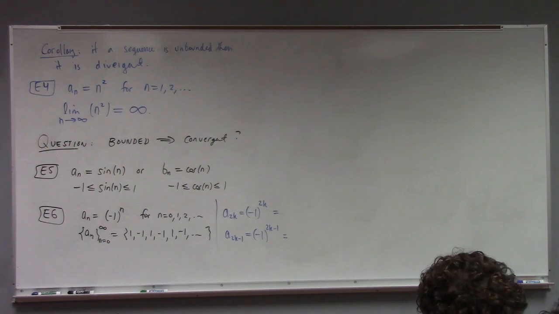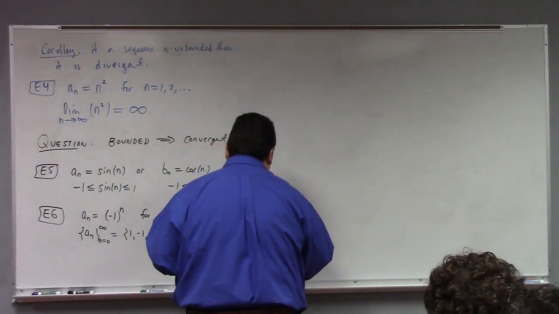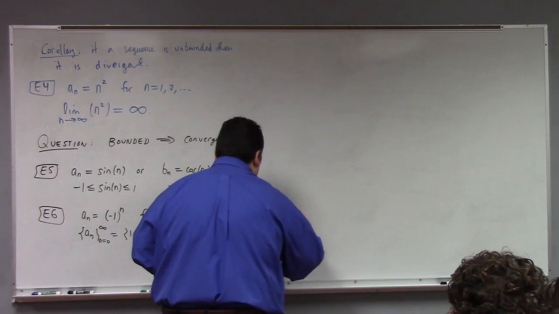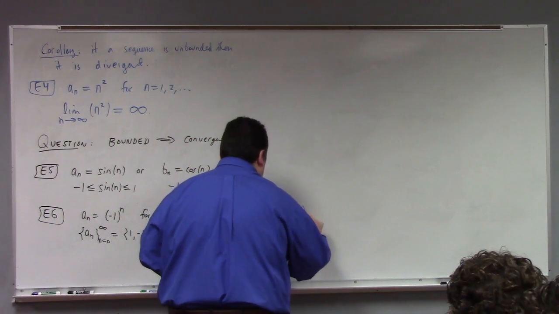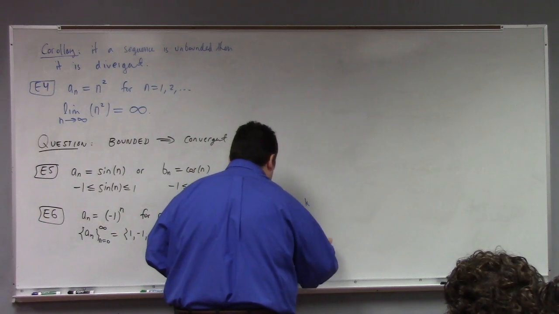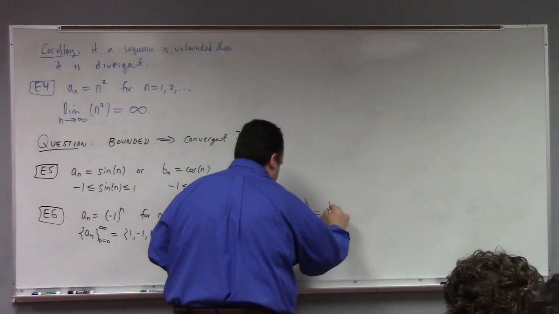So you're looking at -1 to an even power. 2k is an even number. That pretty much defines an even number: there exists a k such that you can write it that way. You can rewrite it as -1 squared to the k, and this one is -1 times -1 to the 2k. So here you get 1 to the k, which is 1.